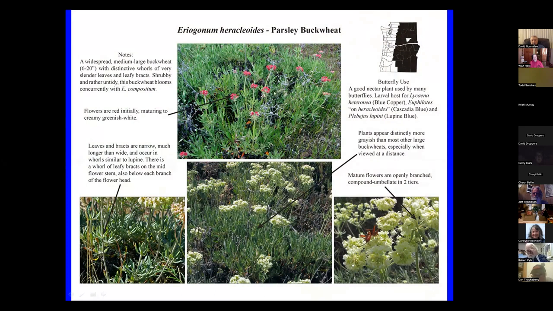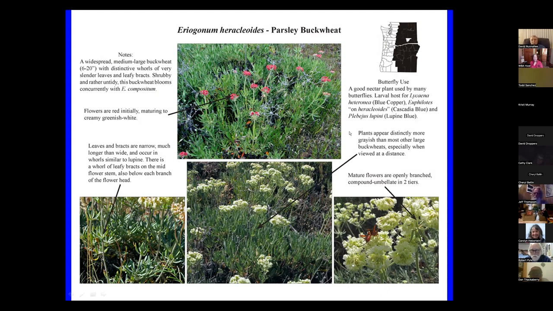The red flowers in the middle are flowers that are just starting to open, and many of our buckwheats will have one color when they're still in the bud form like this, and then open to a different color, like on the bottom right. They have this interesting kind of yellowish white color to the flowers. And this is one I feel pretty confident of identifying at 60 miles an hour on the road. This one is pretty easy to figure out.